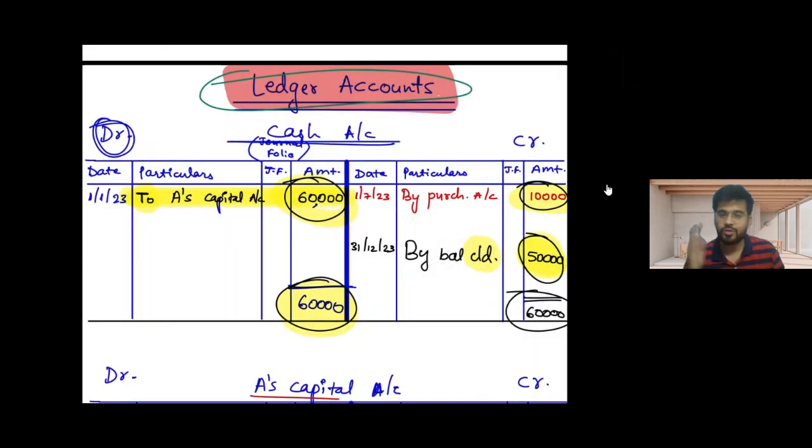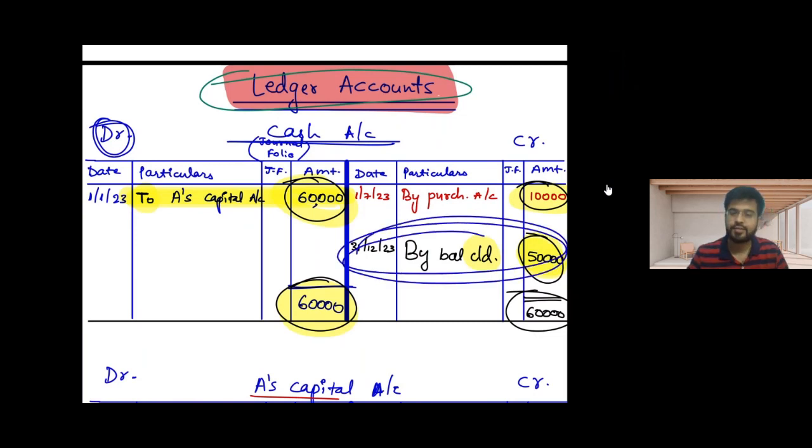Here we have the balance on the credit side, so in the trial balance I will write on the debit side. See the logic. Why have we mentioned the amount on the credit side? Because we have to balance both the sides. I have cash of 60,000 rupees, out of which only 10,000 has been spent. So 60,000 is debited, 10,000 is credited. If I deduct the debit and credit, what will I be left with?